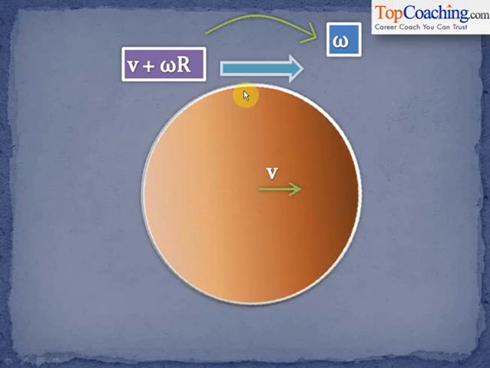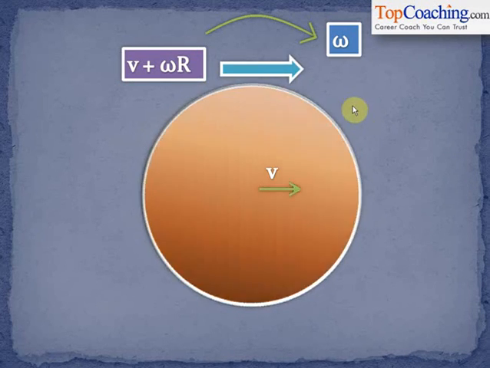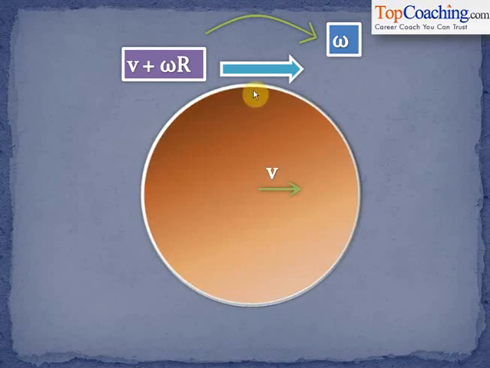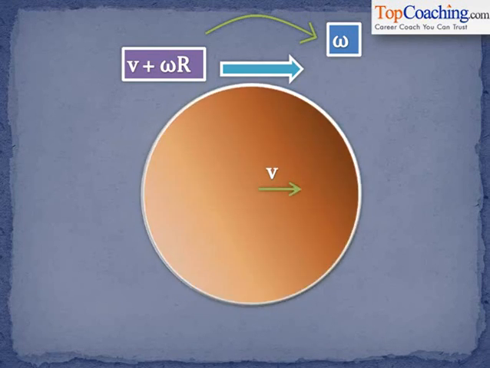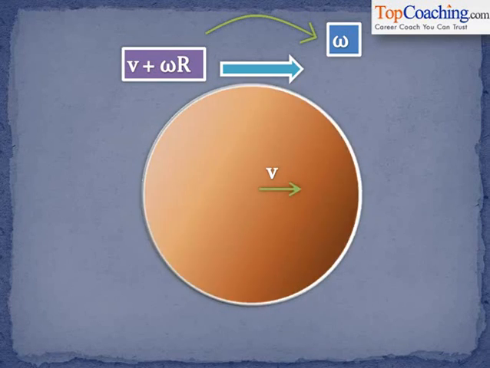If you look at the topmost point of this rotating wheel, what will be the velocity of the topmost point of this wheel? The topmost point will have a center of mass velocity v, because since the center of mass has a velocity v towards the right, every point on the wheel is moving towards the right with a velocity v, isn't it?